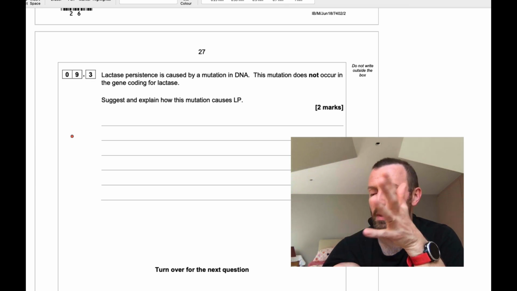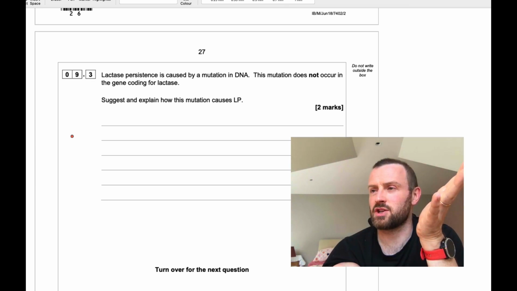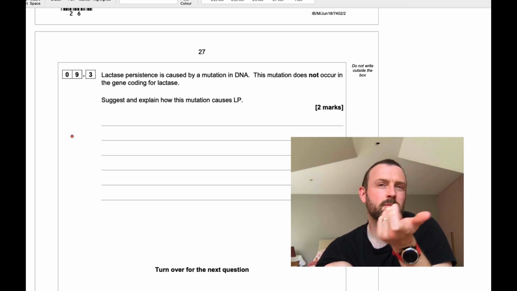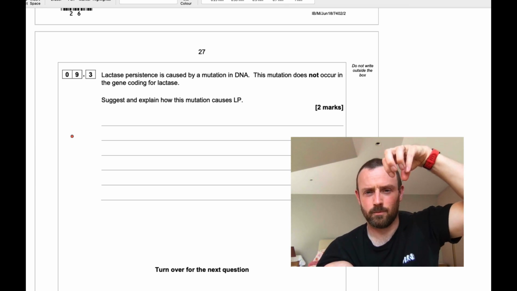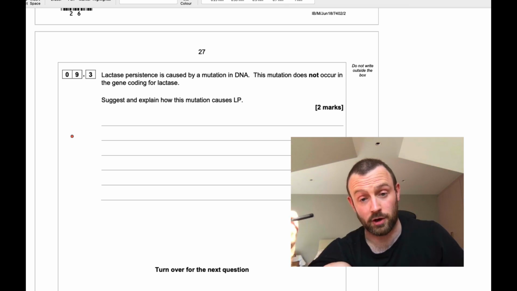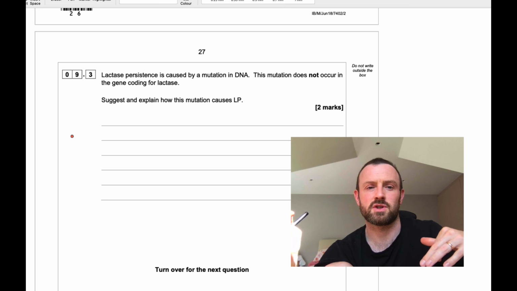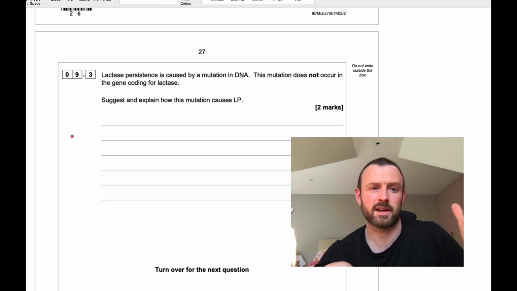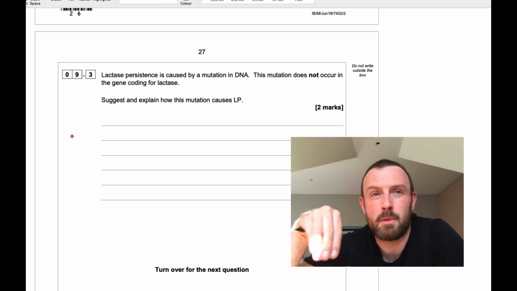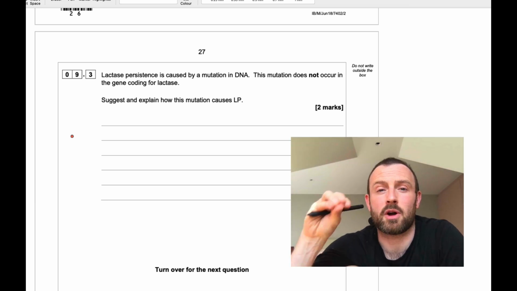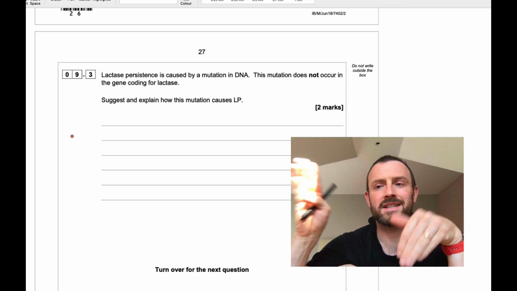So I suppose prior to this mutation, the promoter was under some control so that the promoter would only switch the gene on early on in your life, first few months of life, and then it would turn off once you start eating food. But the mutation would be in the promoter such that the promoter is now always on and isn't switched off.